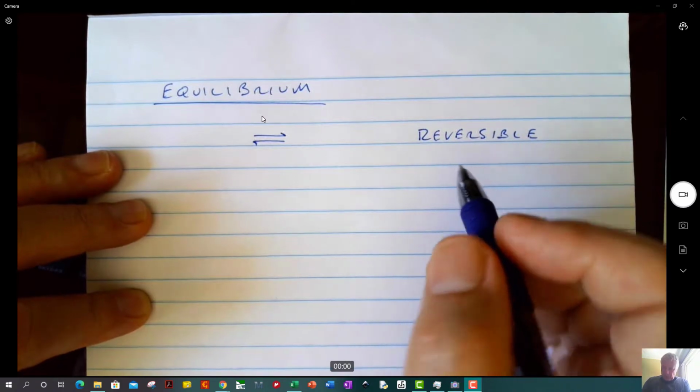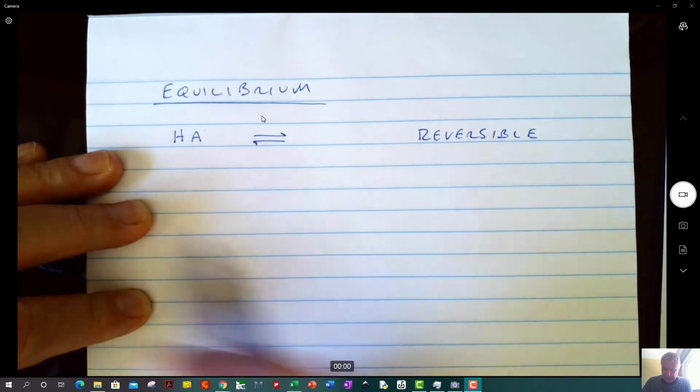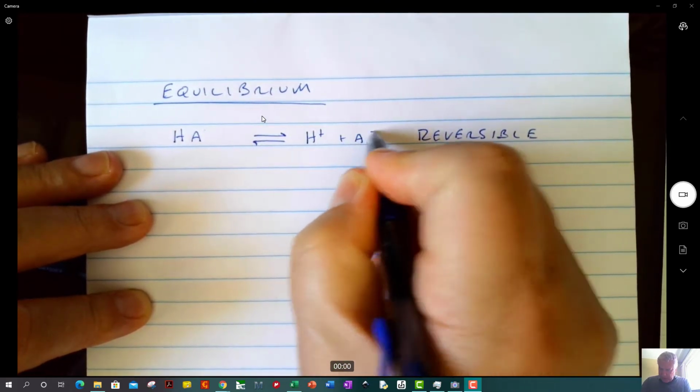So, for example, we could have a weak acid HA, with A meaning the anion, making H plus and A minus.